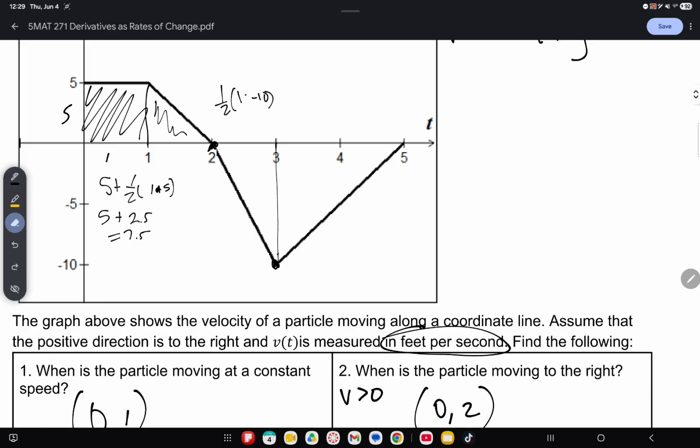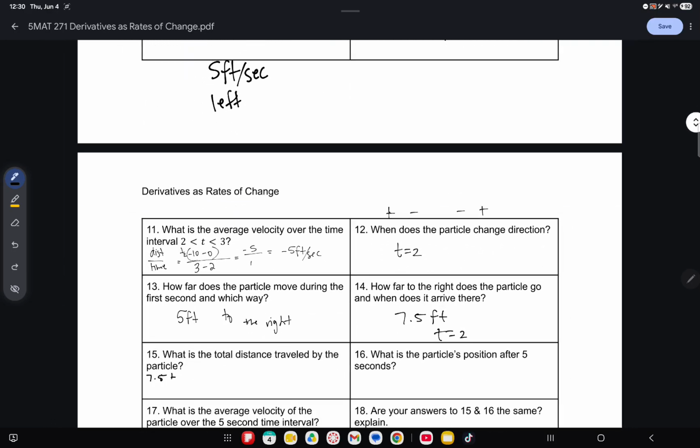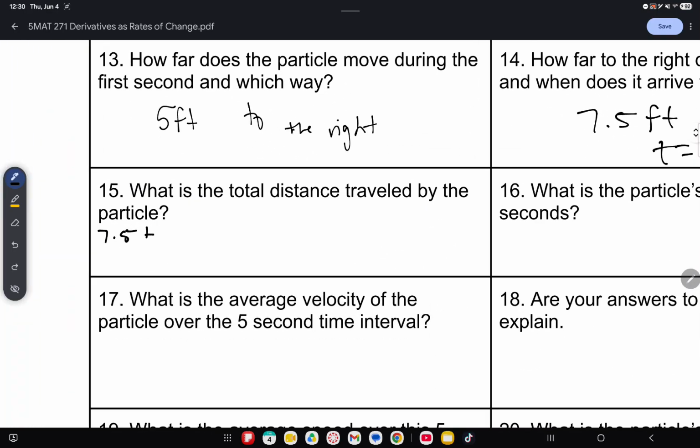And then, so I don't need negative. And then we've got 1/2 base times height. So 15, adding in 15. So the total distance traveled is 22.5 feet.